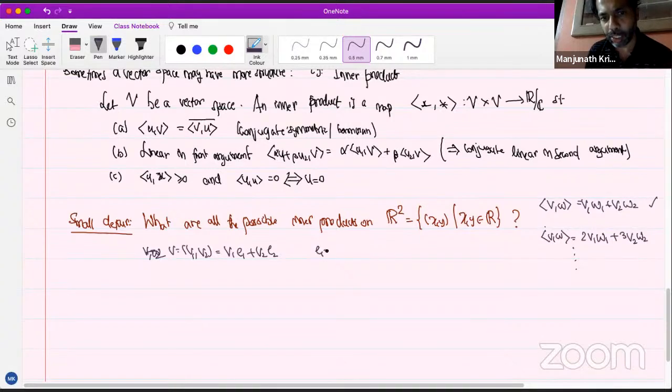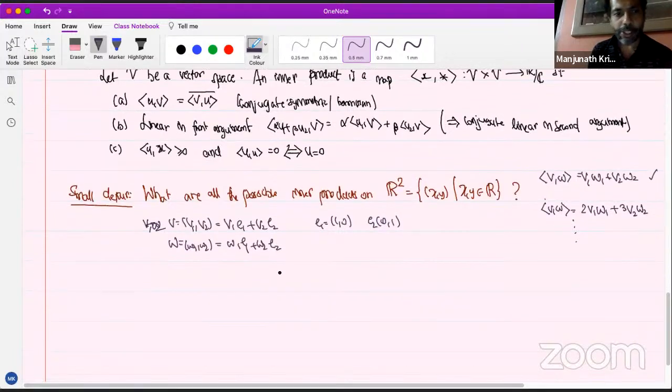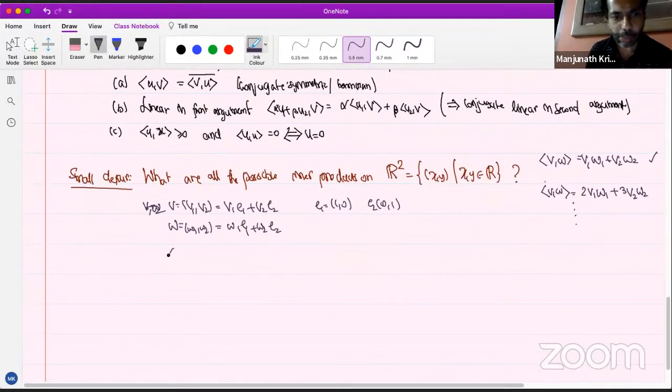So E1 is the coordinate vector (1, 0), and E2 is the coordinate vector (0, 1). And similarly, W, which is W1, W2, is W1 E1 plus W2 E2. So now what will be the inner product of V and W? So we can write it like this.